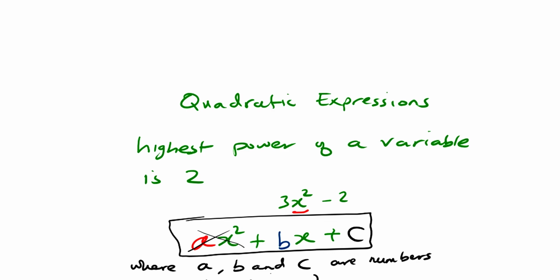And a quadratic expression results from expanding two binomials where there is a common variable. What I mean is if I have 3 minus s and I'm asked to expand this over 2 plus 3s, the common variable here is s.